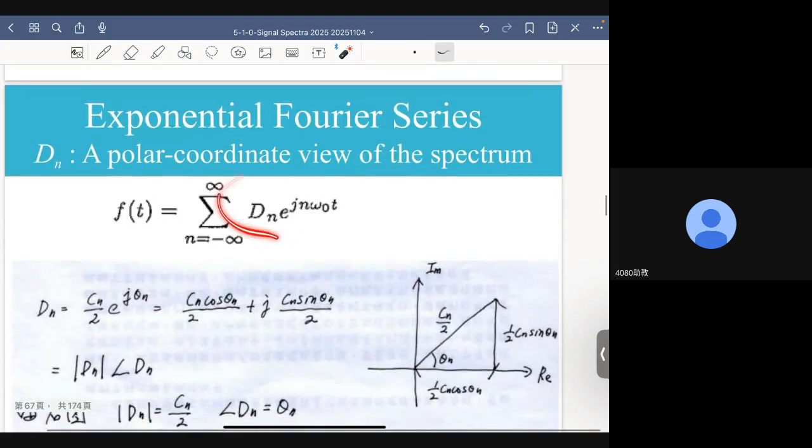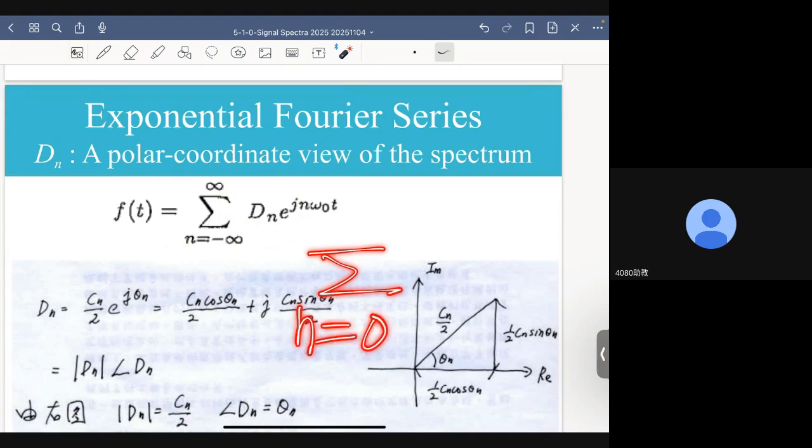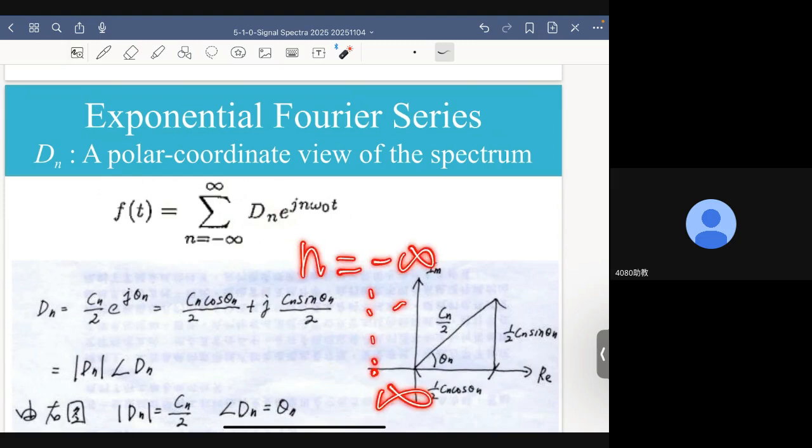Note that, different from the compact Fourier series and trigonometric Fourier series, where n starts from 0 and goes all the way up to infinity, if I use the exponential Fourier series to represent my periodic signal, then this n can be negative as well as positive.